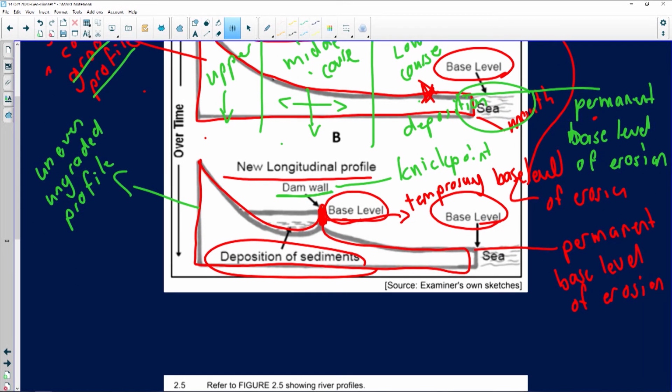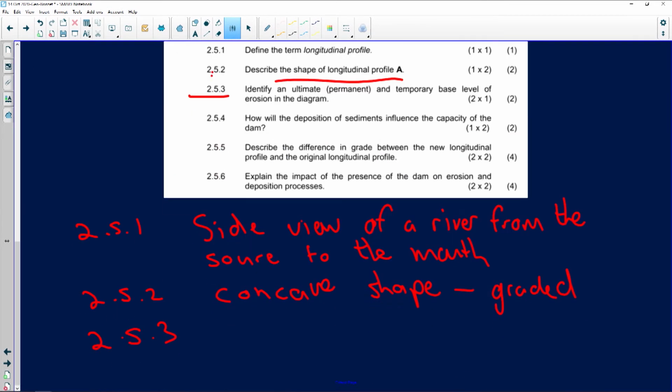Now they asked, name the ultimate and the permanent and the temporary base level of erosion. What's the temporary base level of erosion? It's a dam wall. Okay, so let's just write it down there. I prefer to use the term permanent instead of ultimate, but you can use either. The permanent is the sea.